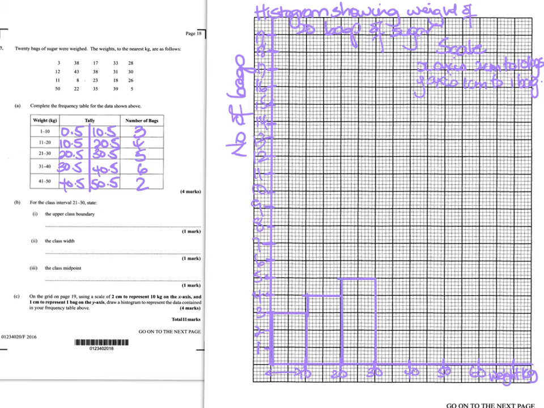The next one is 30.5 going up to 6 and 40.5. So halfway between, and this time we're going up to 6, halfway between, and 40.5 going up to 6, halfway between, right, and it goes up to 6.